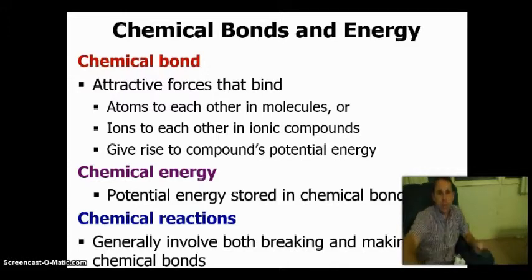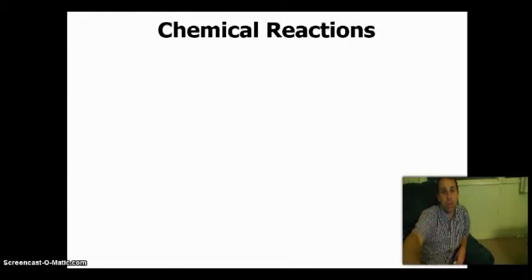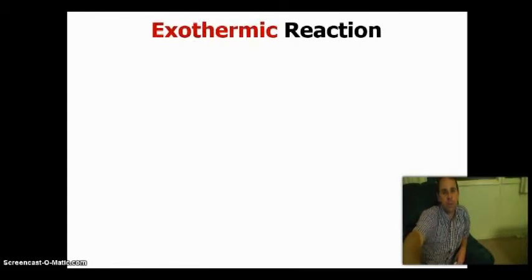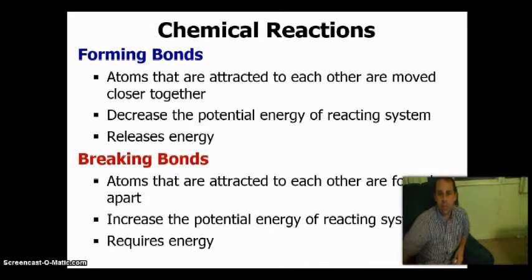All right. And so, when you have chemical reactions, it involves not just the breaking of bonds, but also the making of chemical bonds. So, when we form bonds, that releases energy, and when we break bonds, that requires energy. And that's always the case.